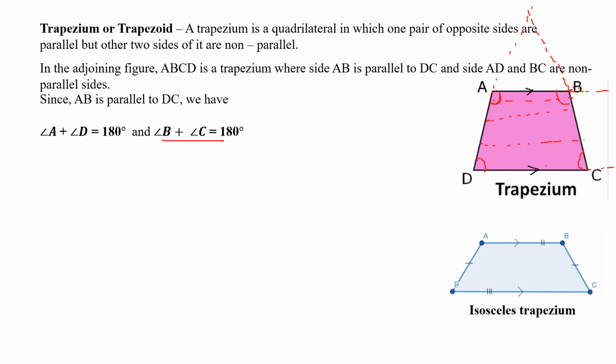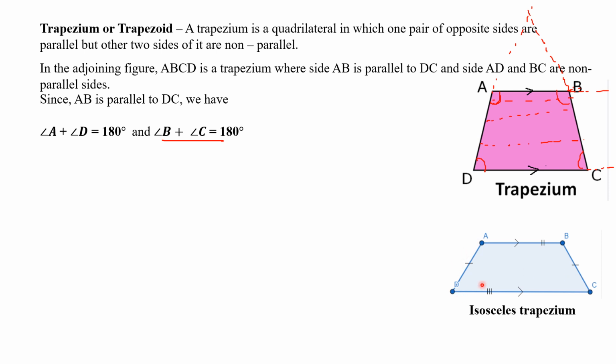Now next is isosceles trapezium. You have already studied isosceles triangle, right? In the isosceles triangle, two sides of the triangle are equal. Same way, in isosceles trapezium, the non-parallel sides will be of equal measure. If you see this figure here, AD and BC are the non-parallel sides.